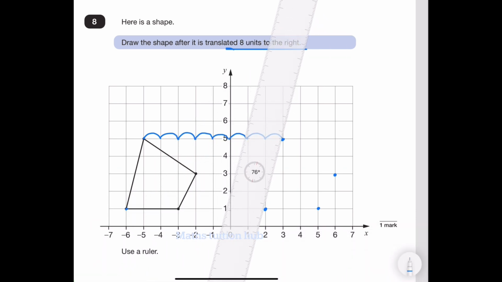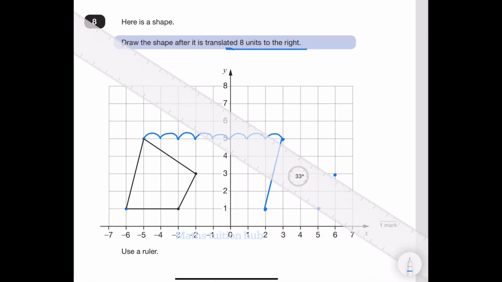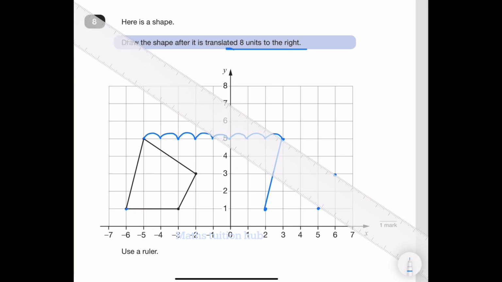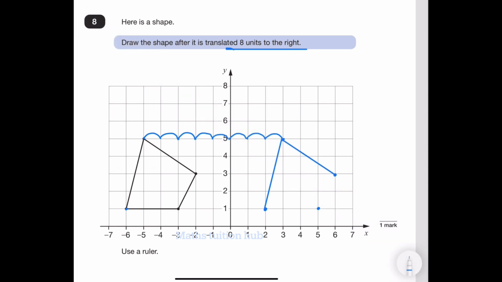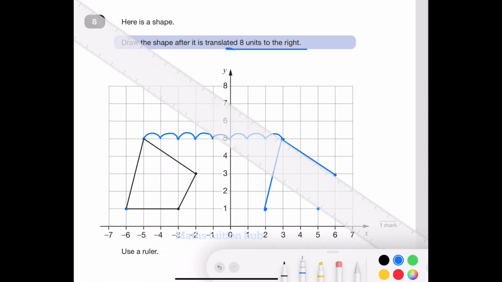So translate the shape from one place to the other. You can say that it won't change the direction of the shape, and it won't change the size of the shape. You just need to move the shape from one place to the other.